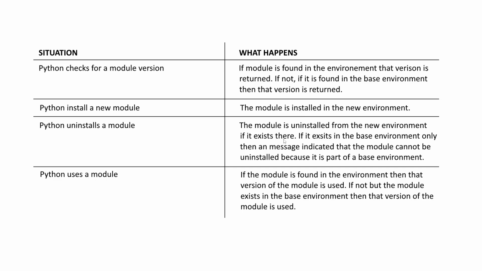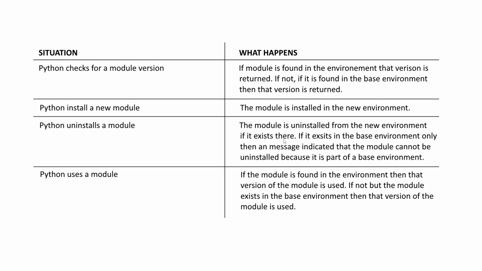If you uninstall a module, if it's a module that is in your active environment, it will uninstall it just like normally. If it is not in the active environment, but it is in the base environment, you're going to get basically an error message saying that the module cannot be uninstalled, because Python won't allow you to uninstall any of the base environment modules since they are outside your active environment.